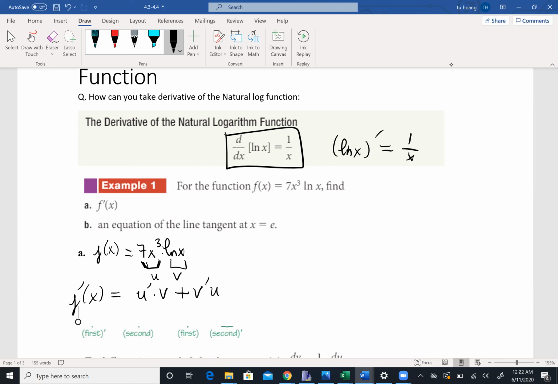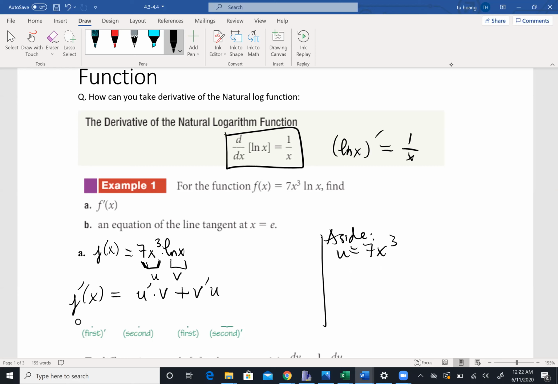And you need to have a side work here for u equal to 7x cubed and v equal to ln x.